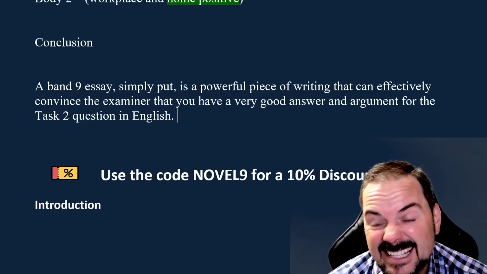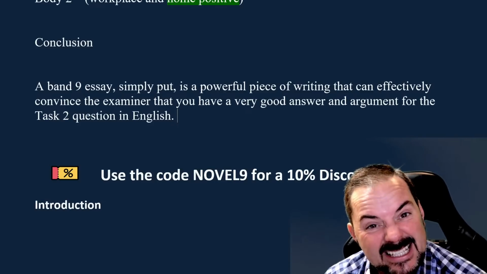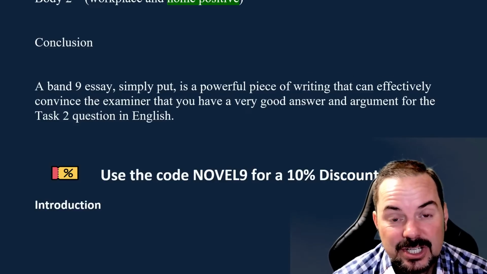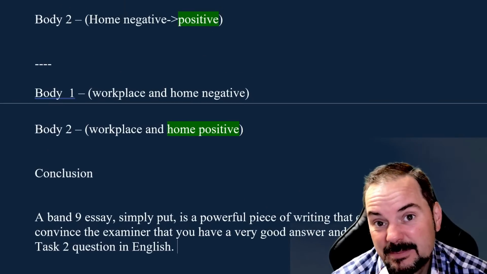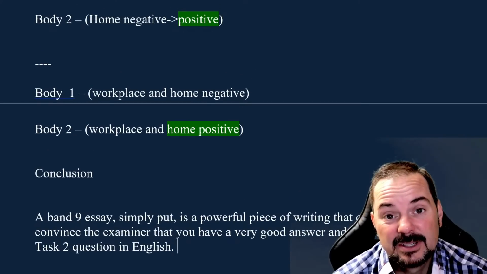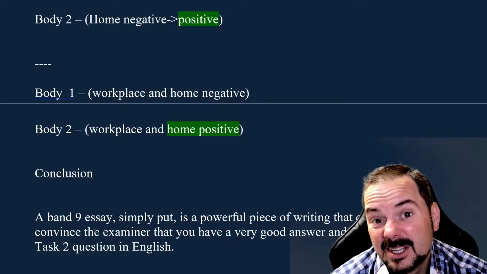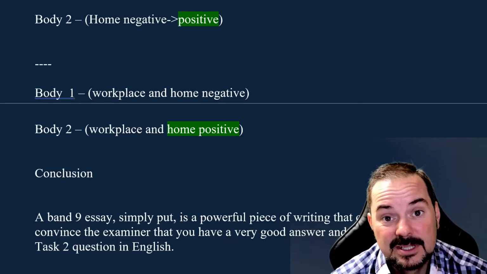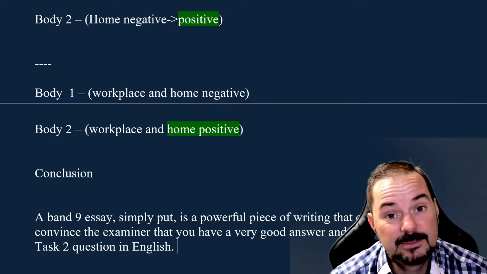So it's not rocket science. Does that make sense? Like, you're really just convincing your reader, right, in English. And if it's effective in doing that, it's a band 9. If it's pretty good, it's a band 8. If it's okay, it's a band 7. If it's so-so, it's a band 6. If it's kind of like, what was that? It's a band 5. If it's like, I'm confused, it's a band 4.